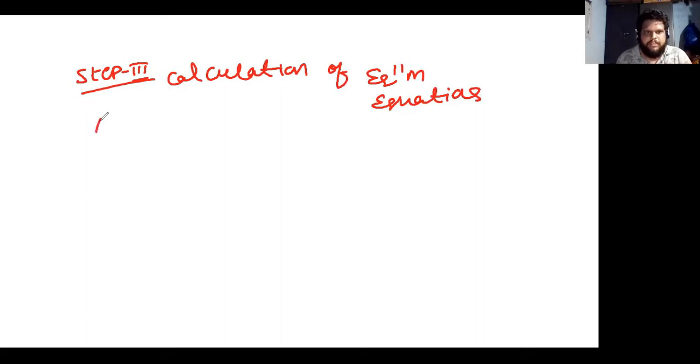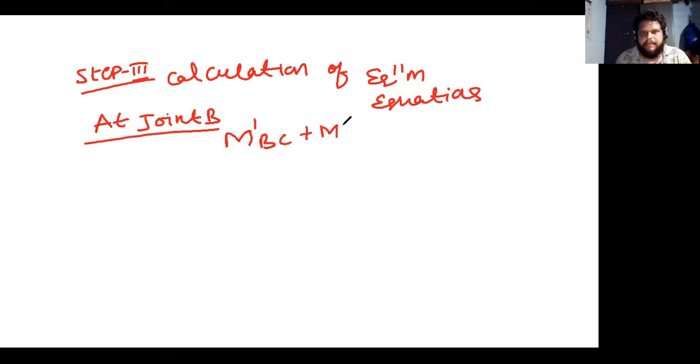First, at 3 joints we are having 3 equilibrium equations. First I will write at joint B. At joint B, I have told you that M dash BA plus M dash BC equal to 0. What is M dash BA for us?